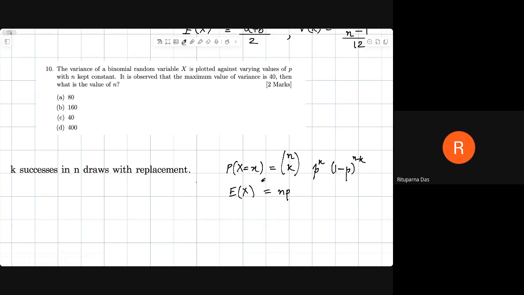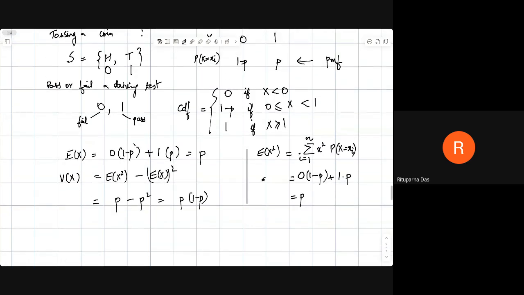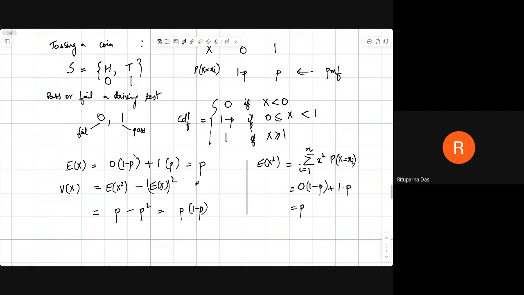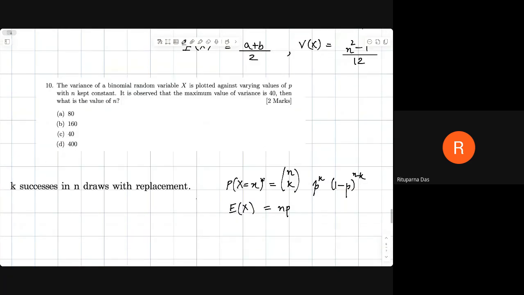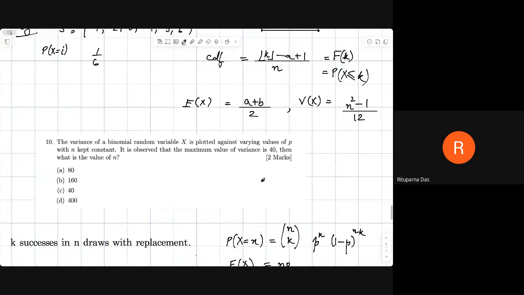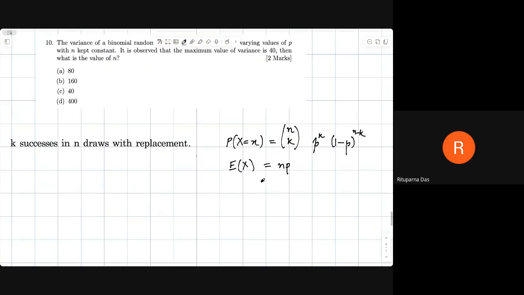We have seen that for Bernoulli, the expectation is p and variance is p into 1 minus p. And when we look at binomial, then expectation is n times p and variance is again np into 1 minus p. Now let's look at the problem.